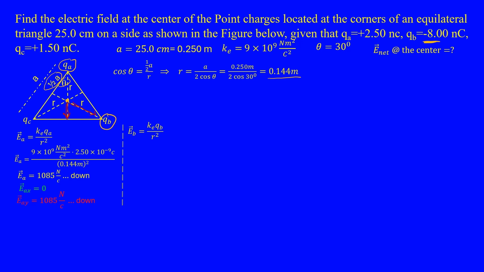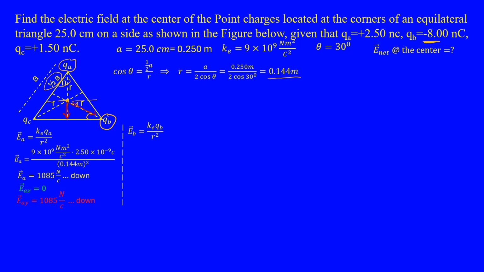So how do you find the angle? Now if you draw a line segment parallel to the base, this angle will be the angle of the electric field due to charge B. And what is that angle? This angle is equal to 30 degrees because it's equal to the alternate angle, because of the alternate interior angles theorem.